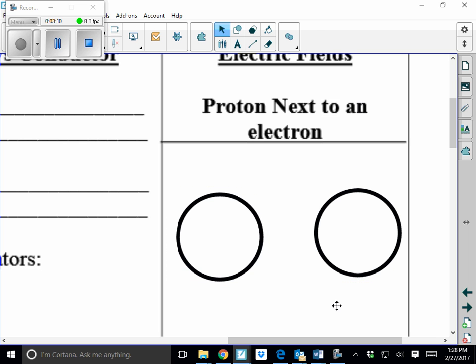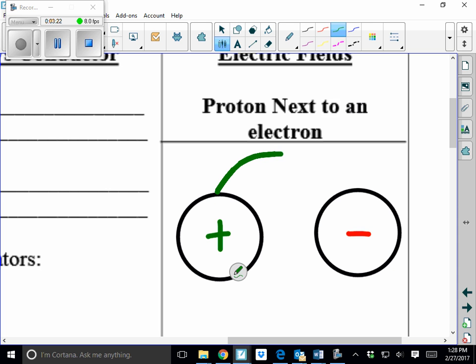So here I have a proton next to an electron. And sometimes the way I like to draw these is, as we know, the electric fields come out of the proton, and they are attracted to the electric field lines of the electron.